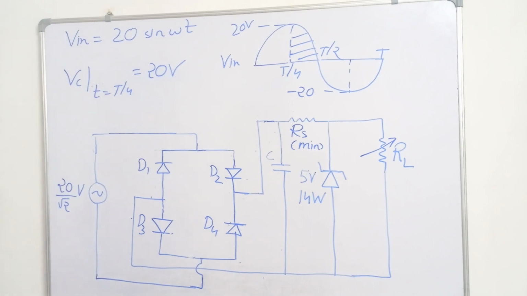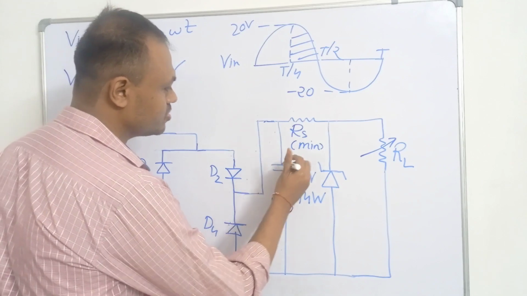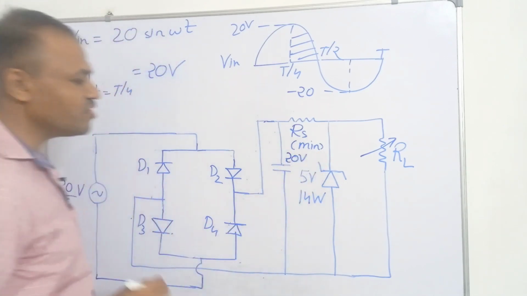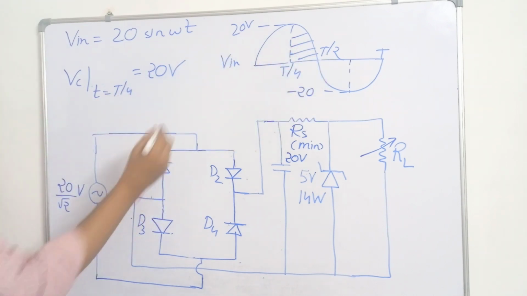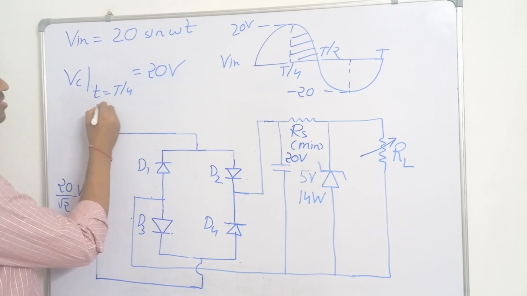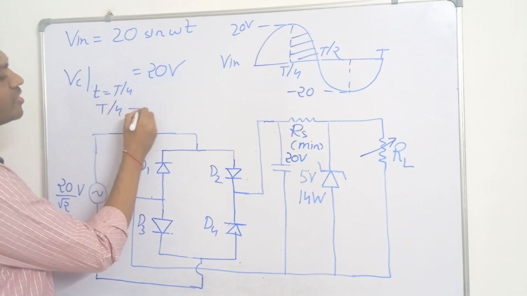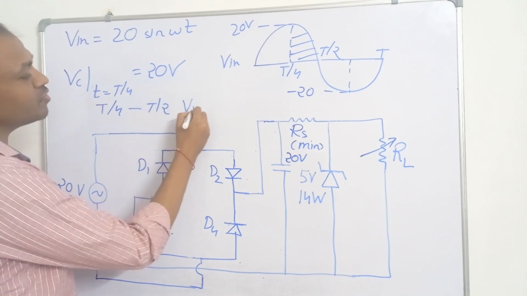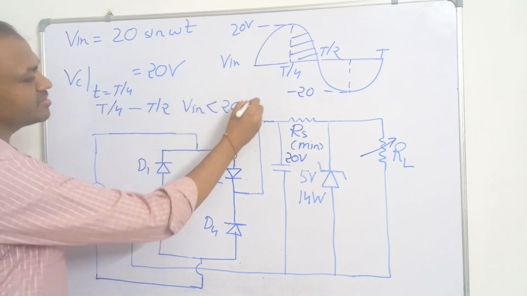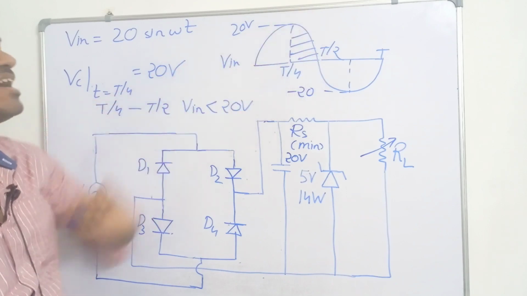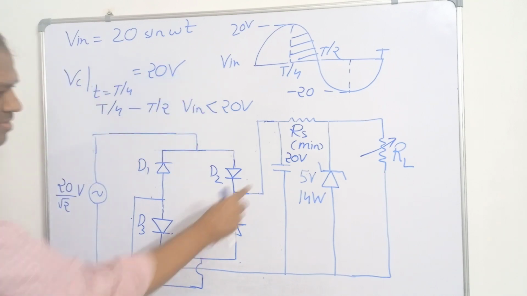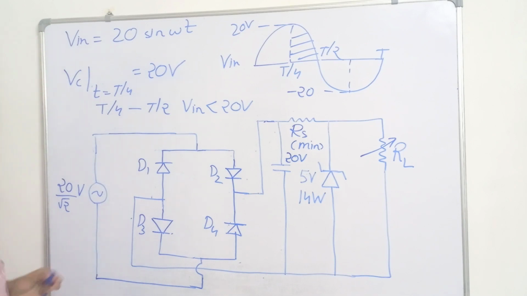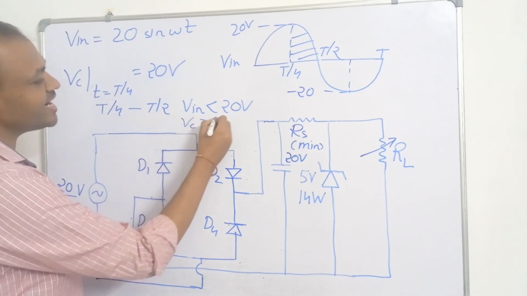From T by 4 to T by 2, V in will always be less than 20 volt because now V in will start decreasing. V in will be positive but less than 20 volt, but the capacitor has charged to 20 volt. So Vc will be greater than V in.